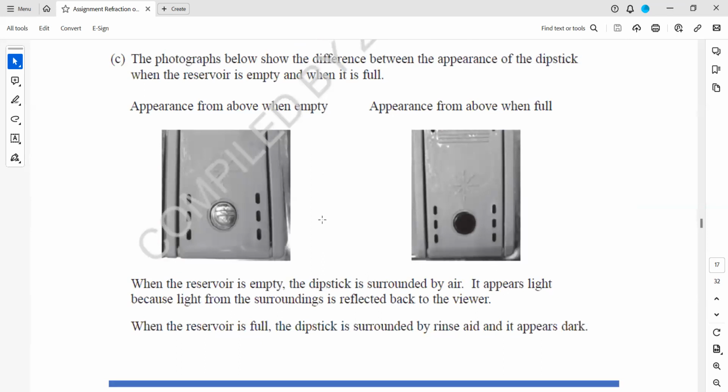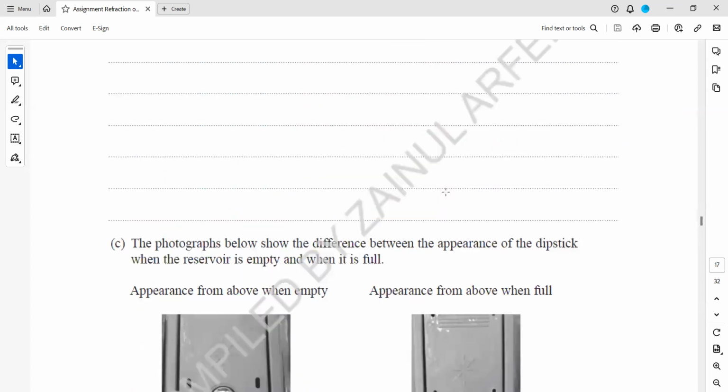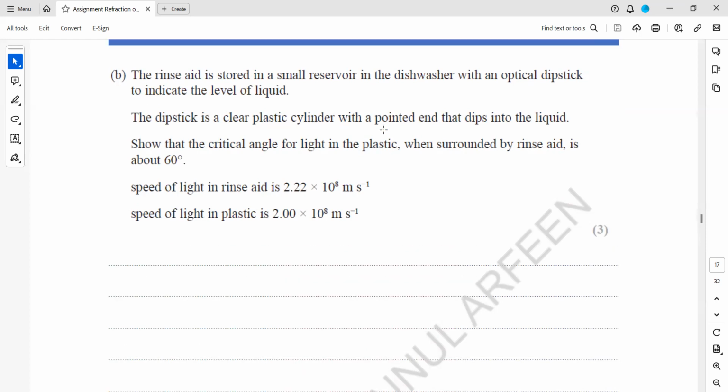These are the appearances from above when empty, that is how it looks. But when it is full, that's how it looks. Show that the critical angle for light in the plastic when surrounded by the rinse aid is about 60 degrees.